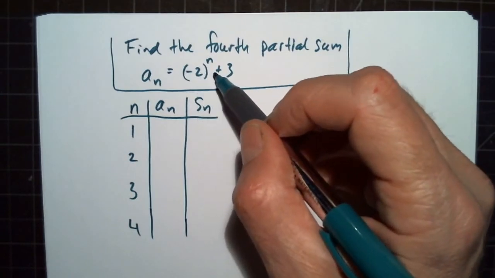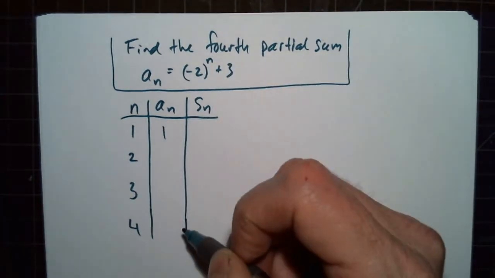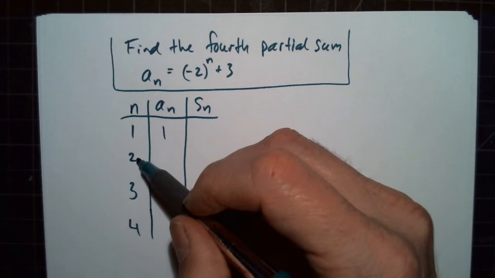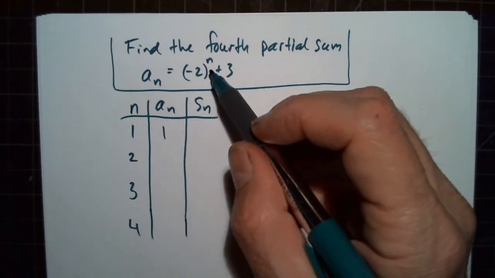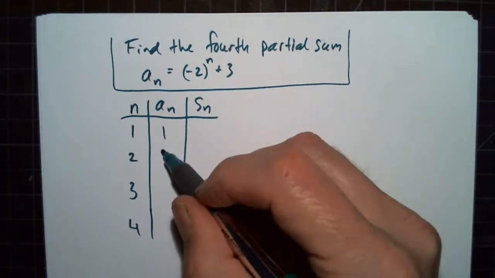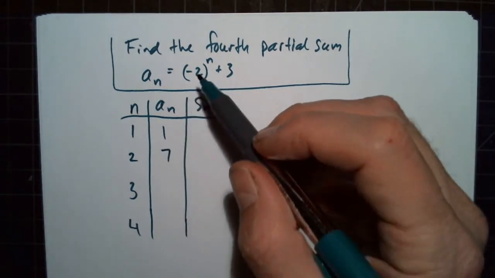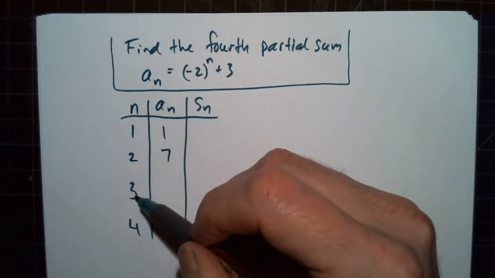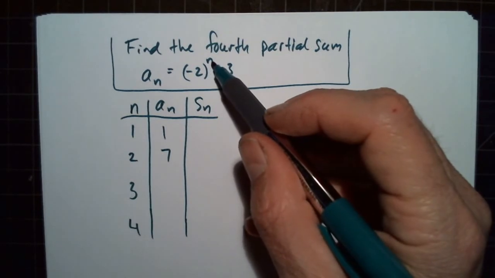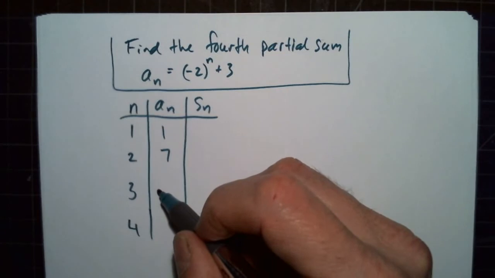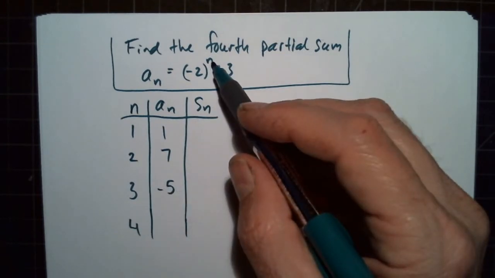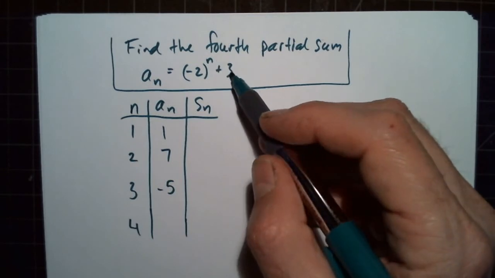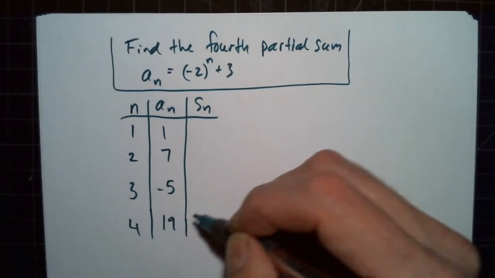That's negative 2 plus 3 is 1. Here we have negative 2 to the second power. That's 4 plus 3. Now we have n equals 3, so we put a 3 there. Negative 2 to the third is negative 8 plus 3, negative 5. Now we'll put a 4 there. We get positive 16 plus 3 is 19.